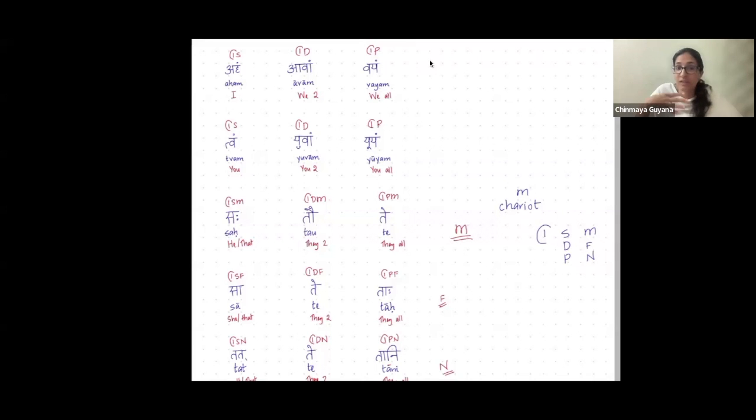First person is I. Second person is you. Third person is he, she, it. So it has both the person meaning and it has a case.